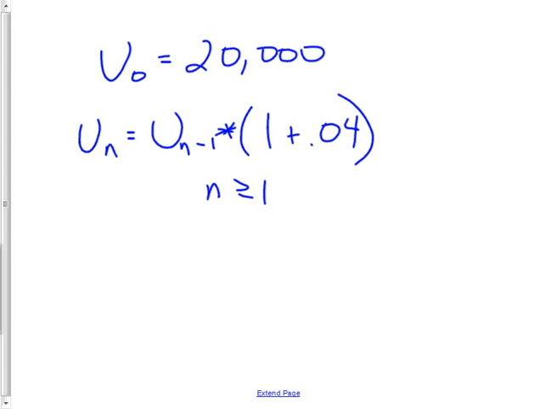Let's say your parents have just saved up some money and it's sitting around and they are saying, what should I do with this 20 grand? I don't want to buy jewelry with it, I just want to save it. Well, you want it to grow because you don't want it to just stay the same, because if your $20,000 stays the same and prices generally go up over time, you're actually losing money.